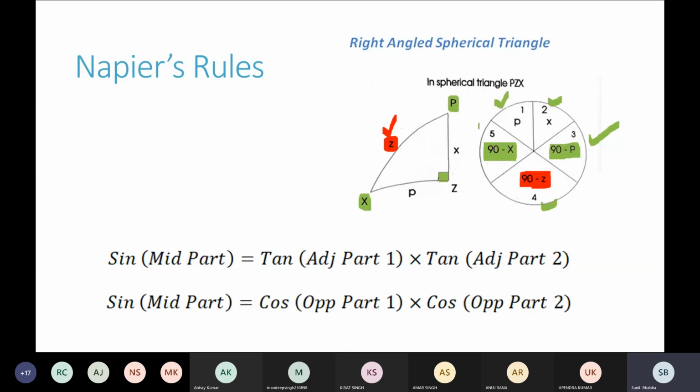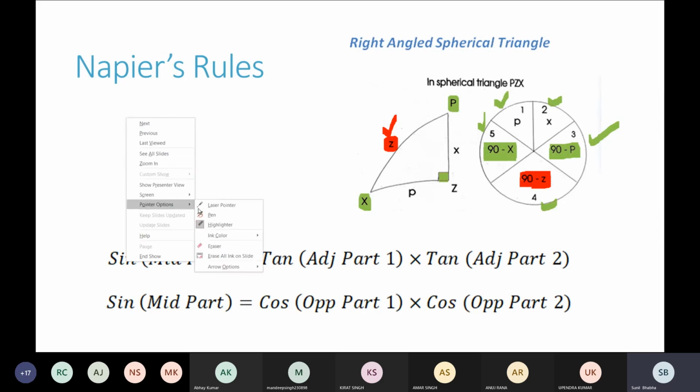That's number 1 and number 5. नंबर 1 and number 5 3 के साथ बिल्कुल टच नहीं हो रहे हैं, so they are known as opposite parts. तो हमें अब इन तीनों में से एक पार्ट को अपना मिडल पार्ट बनाना है, so that बाकी के दोनों पार्ट या तो दोनों के दोनों एडजेसेंट बन जाएं या दोनों के दोनों ऑपोजिट पार्ट बन जाएं.